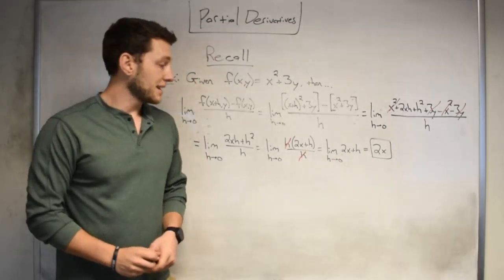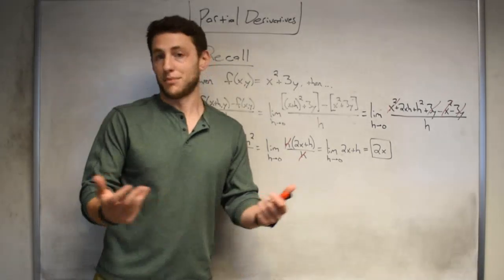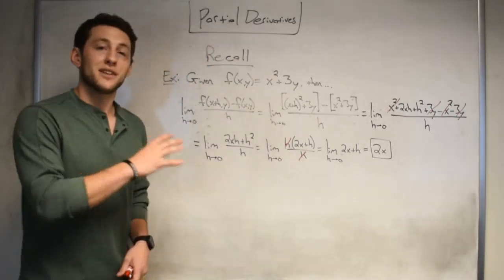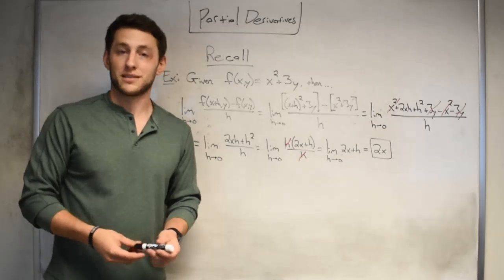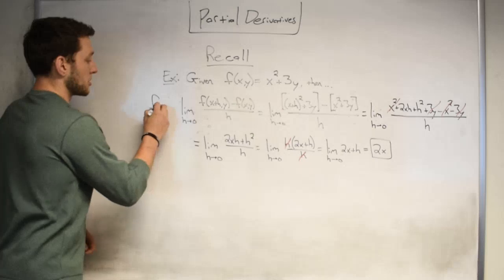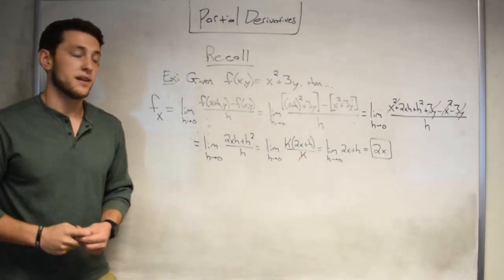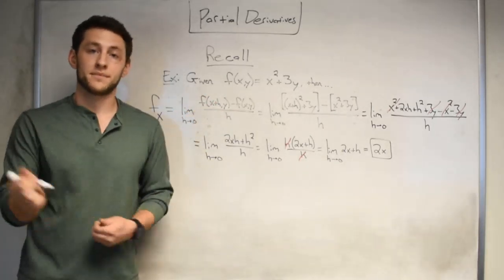From there, plugging in 0 gives us 2x. As I've said multiple times already in this clip, this measures the rate of change in the x direction. And for that reason, we're going to call that the partial derivative with respect to x, f sub x. This is going to denote that.